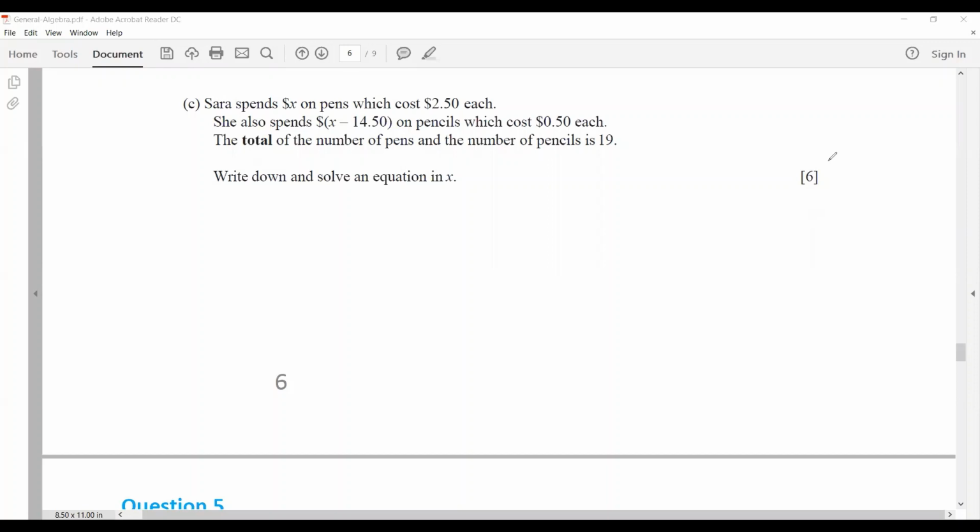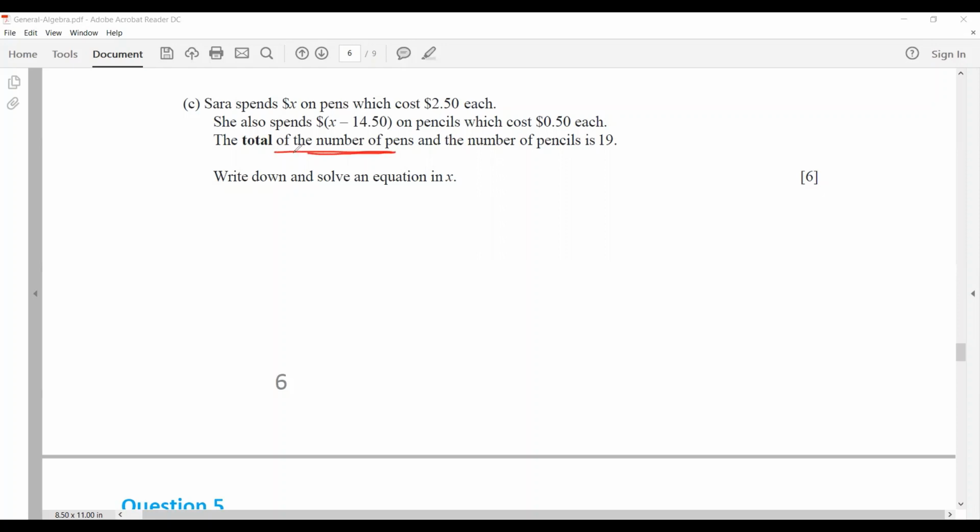It will provide it to you in the context of a problem, and you have to extract it out yourself. So Sarah spends x dollars on pens, which costs $2.50 each. She also spends x minus $14.50 on pencils, which costs 50 cents each. The total of the number of pens and the number of pencils is 19.